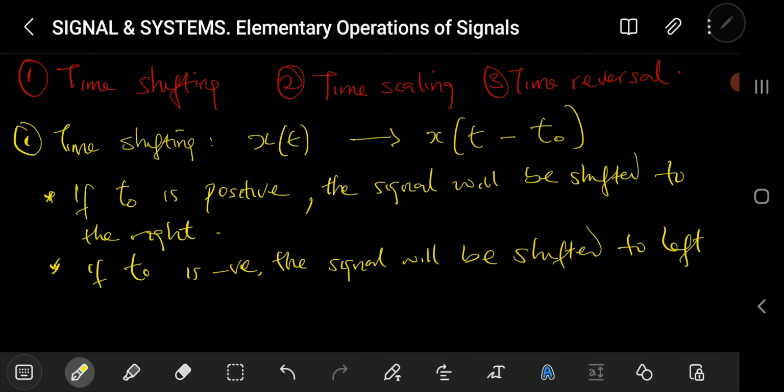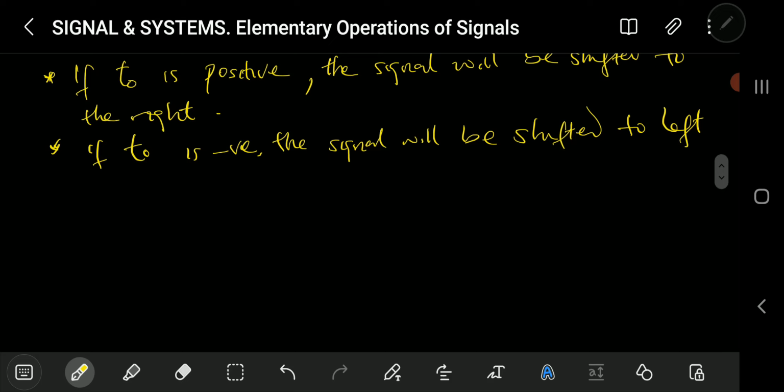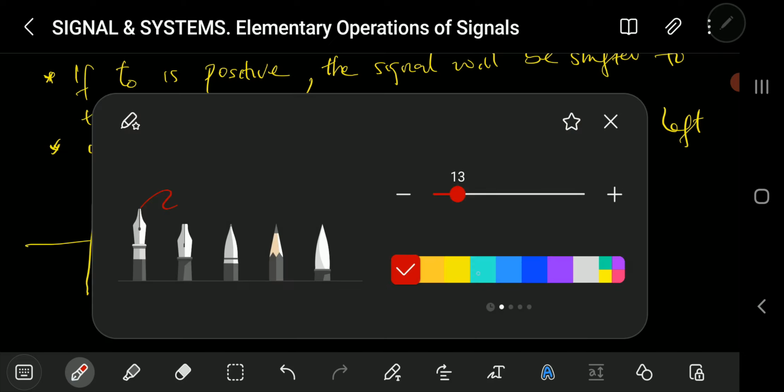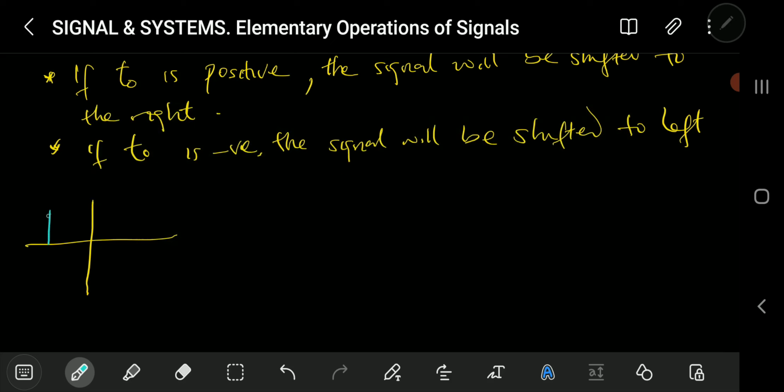Exactly. So now let's look at one example. Let's take this as a signal. Here we have our x of t, and here we have our t. In the first scenario we have our t naught equal to 2, and in the second case our t naught equal to minus 2.